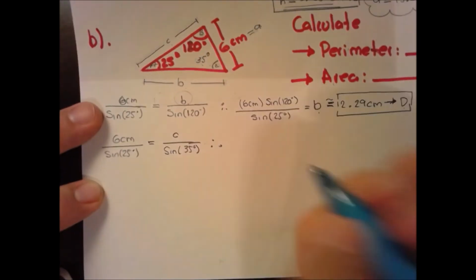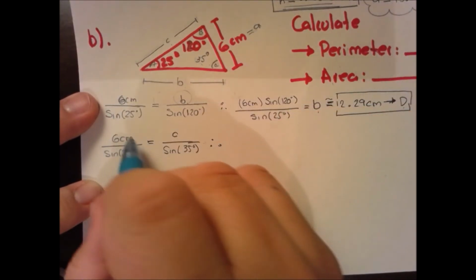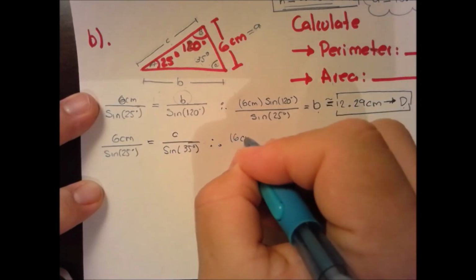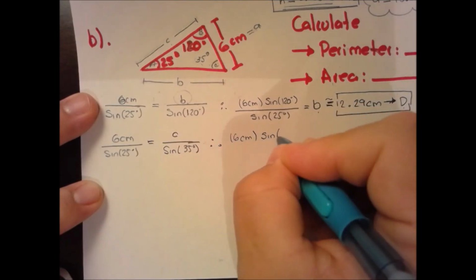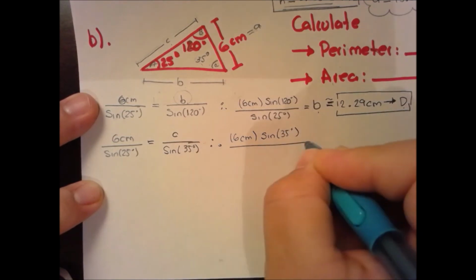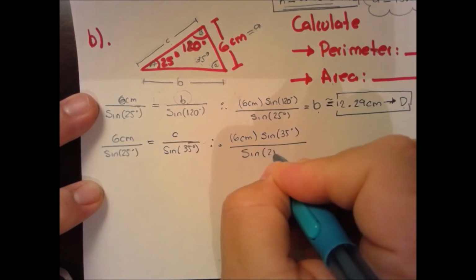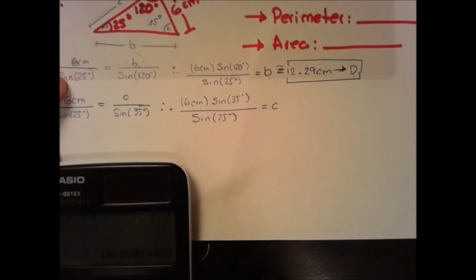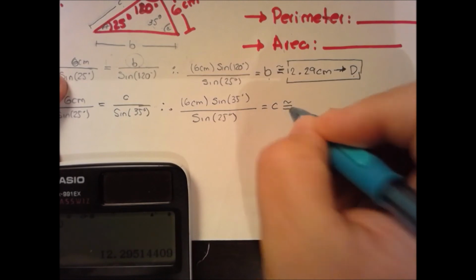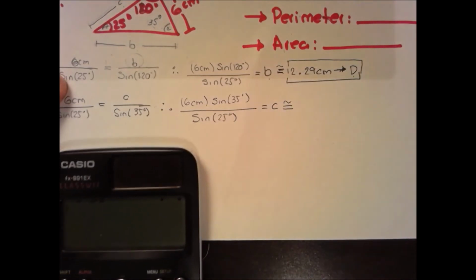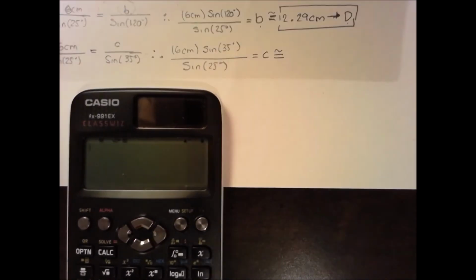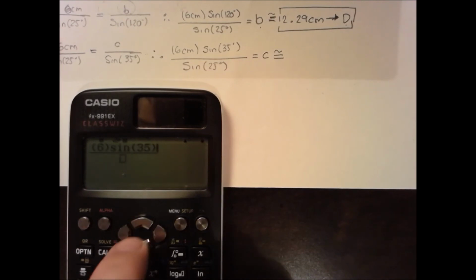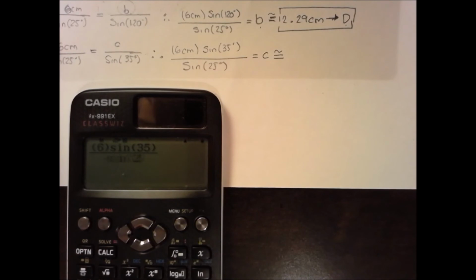So right now the clearing process is going to be multiplying this 6 centimeters times sine of 35 over sine of 25, and this is going to be C. I'm sure it is going to be approximate, because it's going to be an irrational number. Let's do it. 6 times sine of 35 over sine of 25.